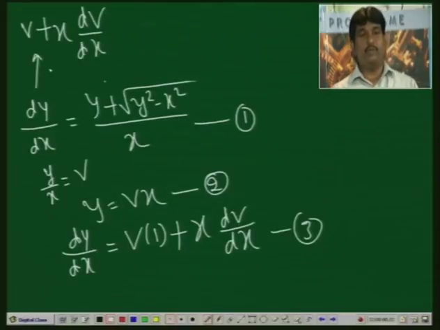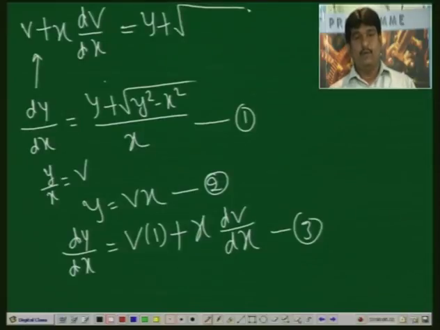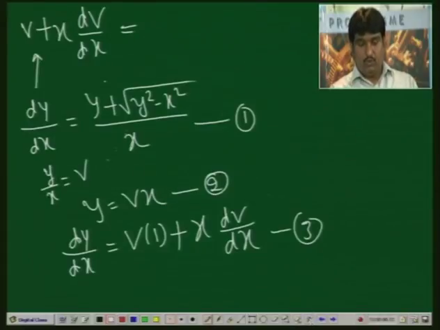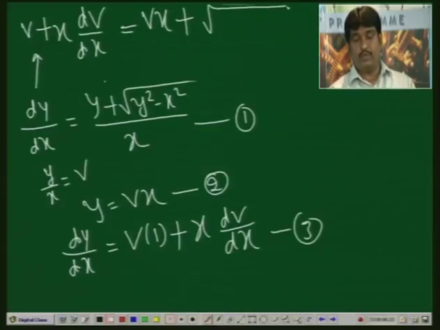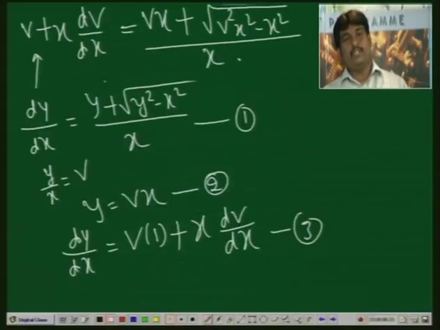I have substituted for dy by dx, and that equals y plus square root of, and if you want, you can substitute y in terms of v. y is vx, plus root of y square. y square is v square into x square, minus x square, divided by the denominator x. So I have converted everything in terms of v and x. So we have to simplify this.